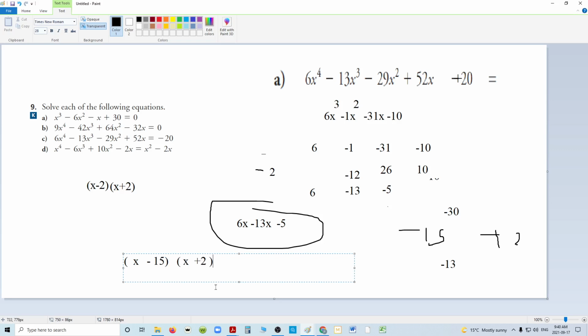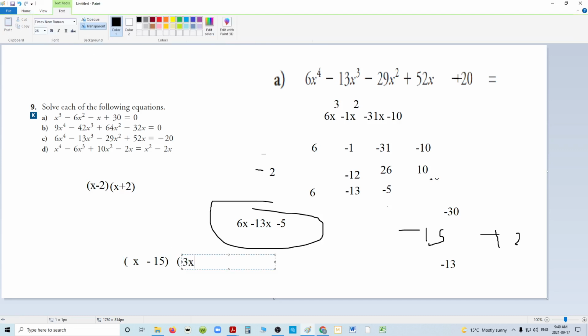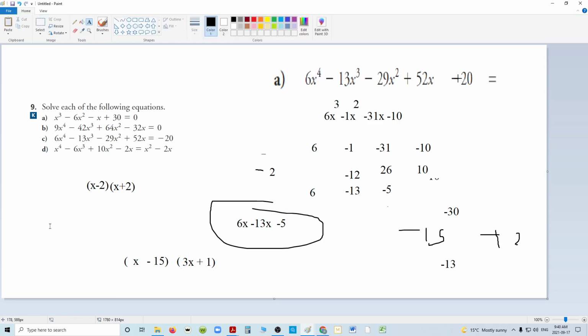And when I put a 6 under this, it becomes a third. So that means this last one is 3x plus 1. When I put a 6 under the other one, they can both simplify to 5 over 2.